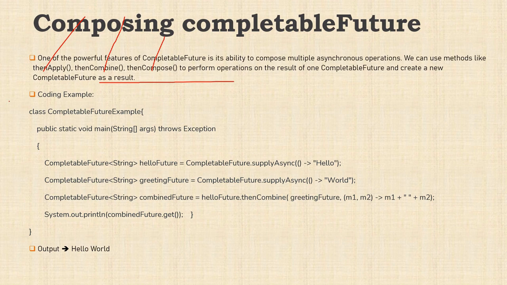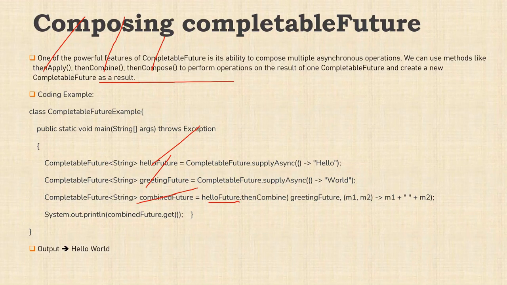So here we are composing. I have created two futures, a hello future supplying "Hello" and a greeting future. What I'm trying to do here is combine both futures.